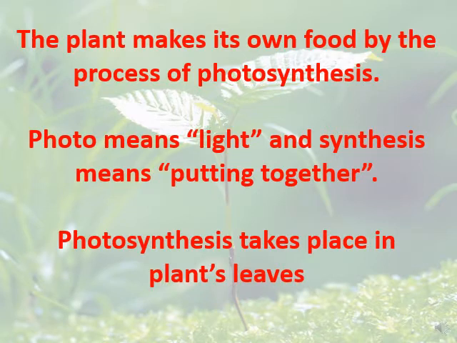So here are some notes about photosynthesis. The plant makes its own food, as we said, by photosynthesis. Photo means light, so it occurs only during the day and not during the night. Synthesis means putting together or production. Photosynthesis takes place at the level of the leaves.